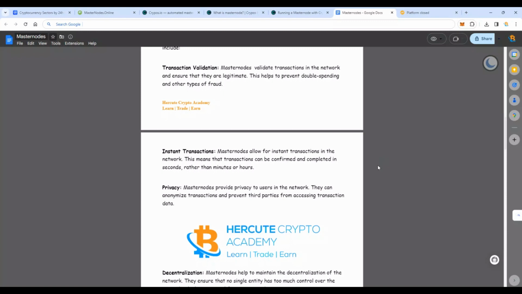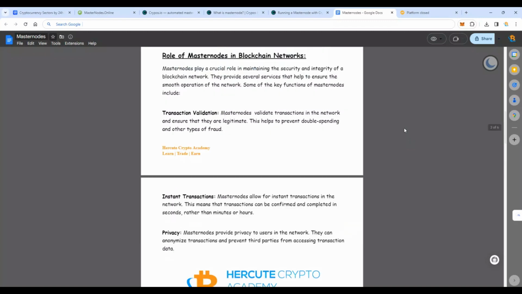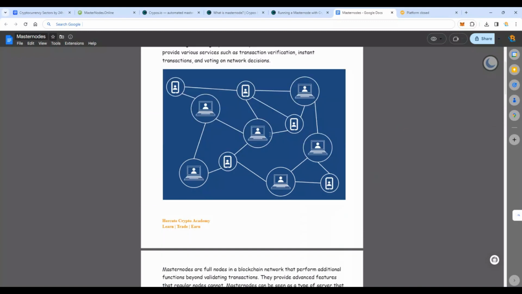Now we have decentralization, and masternodes help to maintain the decentralization of the network. Remember, cryptocurrency is decentralized, and for it to be so decentralized, we need as many nodes as possible. You can imagine if we only had 3 computers globally controlling the mining ecosystem for Bitcoin, it could be very easy for these 3 parties to just come together and decide to corrupt the network.